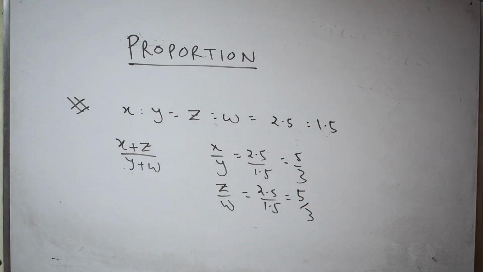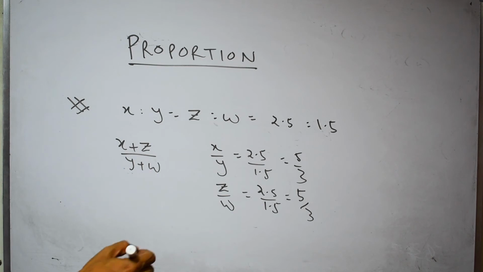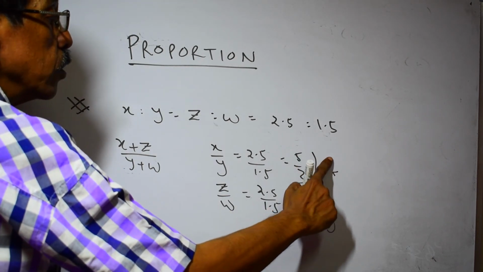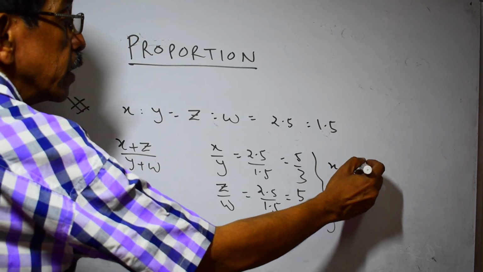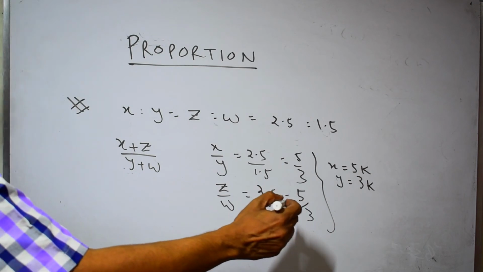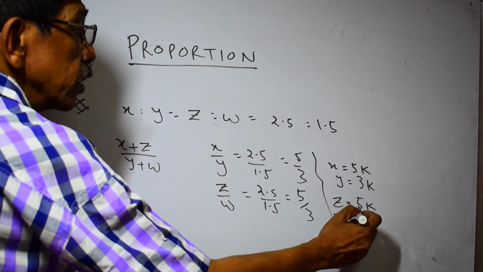So if I take the ratio, x is equal to 5k, then y will be 3k. Similarly z is 5k, then w is 3k.